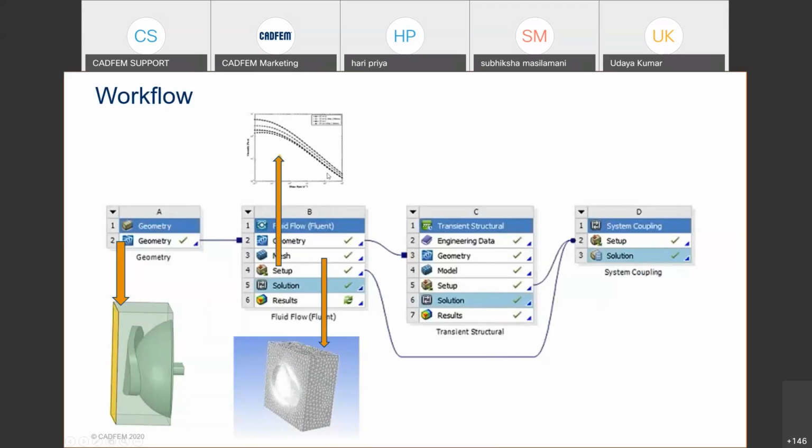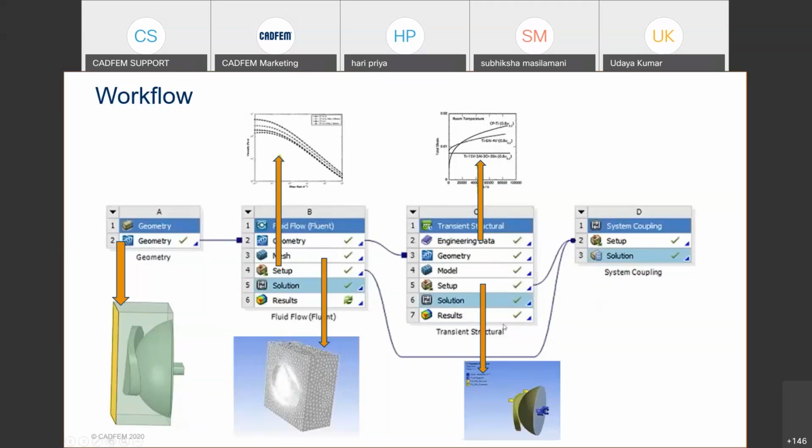The viscosity and density are mentioned here. Similarly, in the engineering data, for the bone or our implant data, polyethylene or titanium, whatever the material data, we provide it for the structural part also.